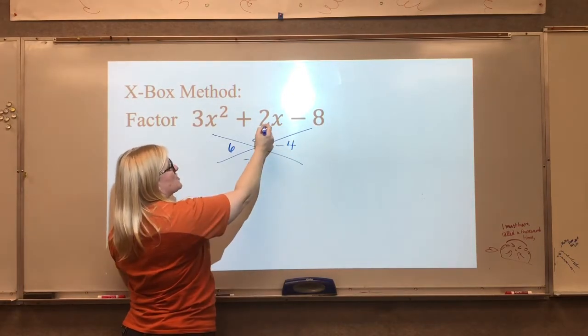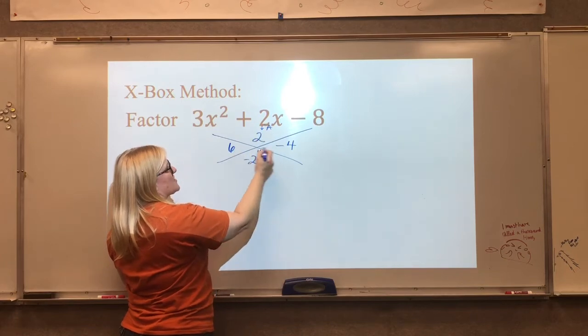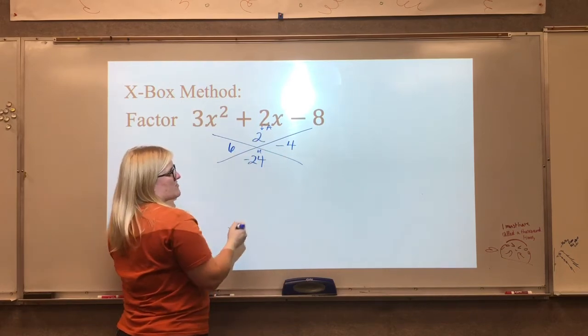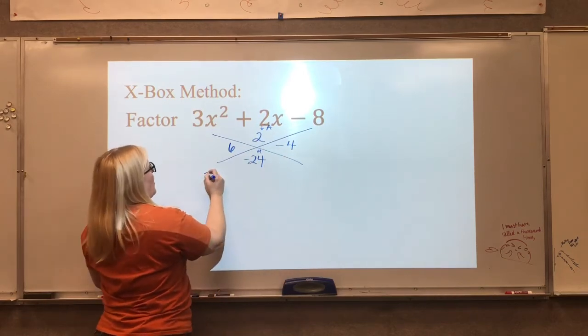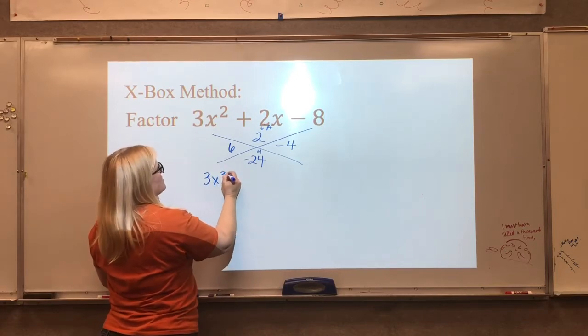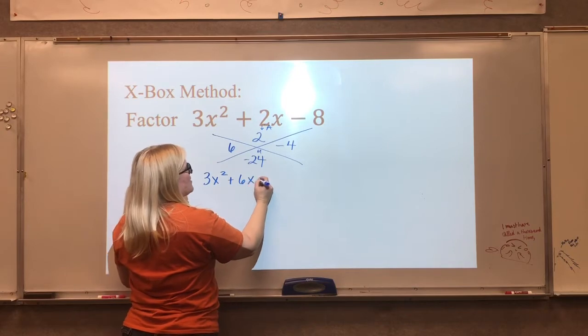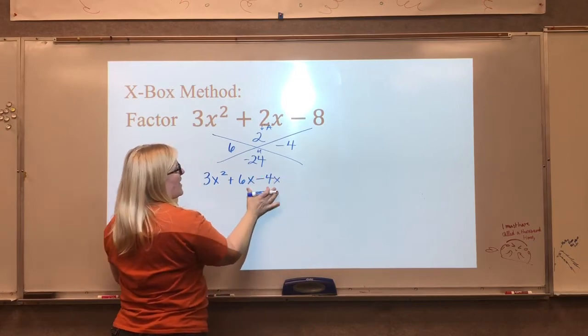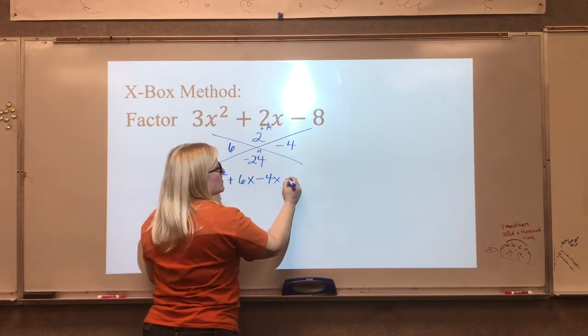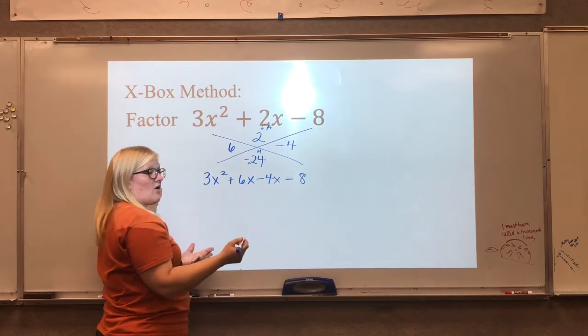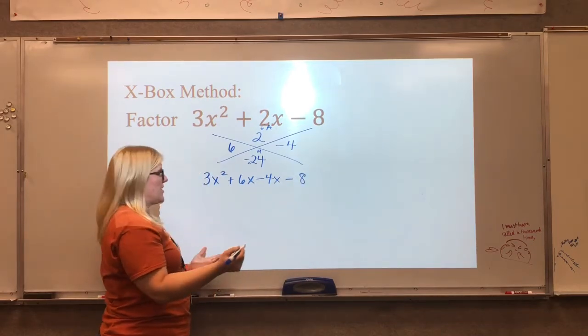All right, so I'm going to turn this 2 into 6 minus 4. So I rewrite this 3x squared plus 6x minus 4x, there's my 2x, minus 8. And now I factor by grouping again.